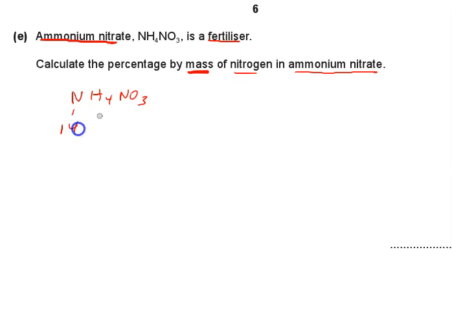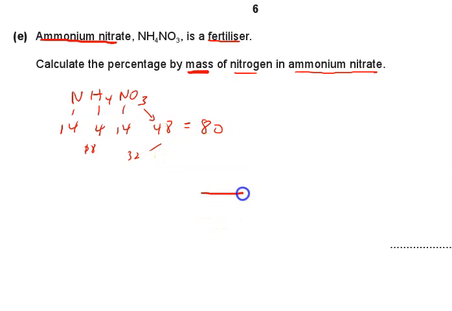So here's 14, here's 4, here's 14, and here's about 16 times 3, we are getting here about 48. So we add all, the total we are getting here about 80.